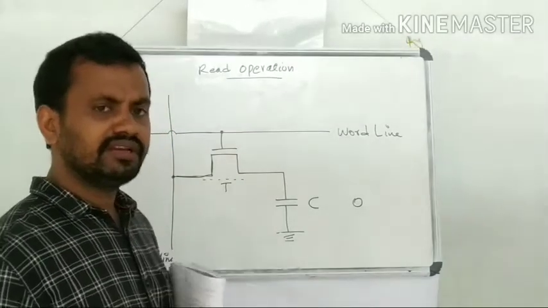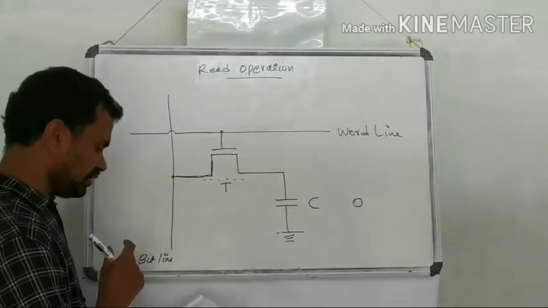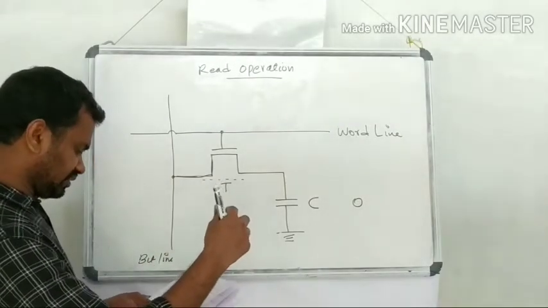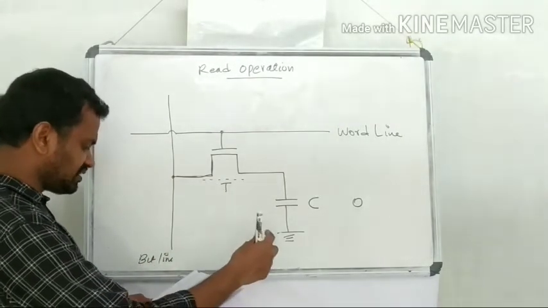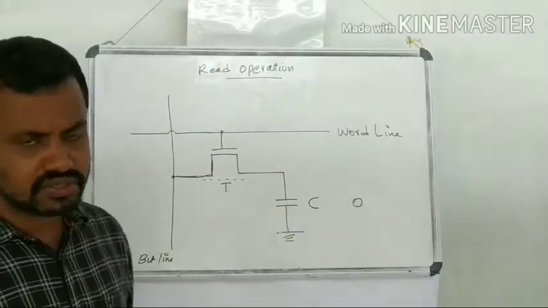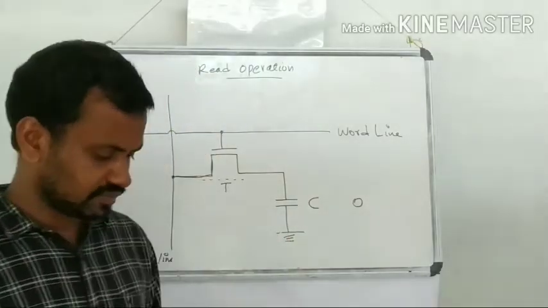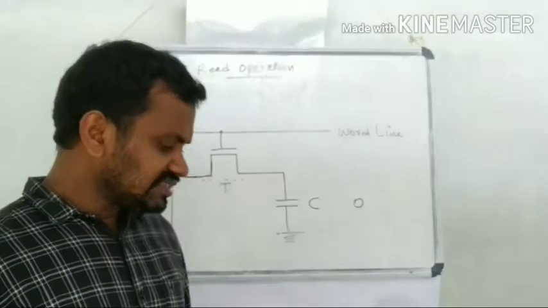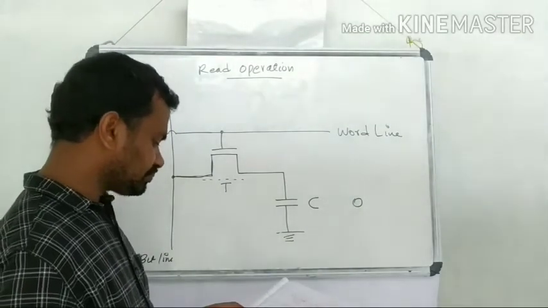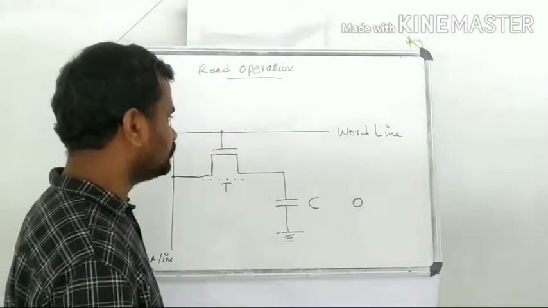Then it will pulse the bit line to a ground voltage or ground level, which ensures that the capacitor will have no charge, representing a logic value 0. In this case also, refreshing is done. All cells in a selected row are read at the same time, which refreshes the contents of the entire row.